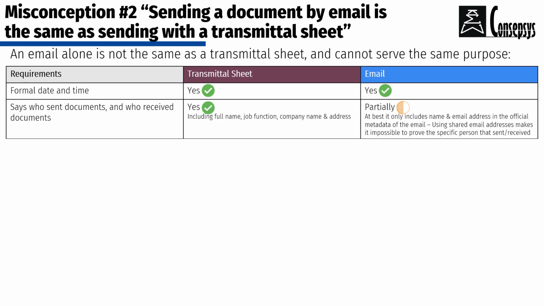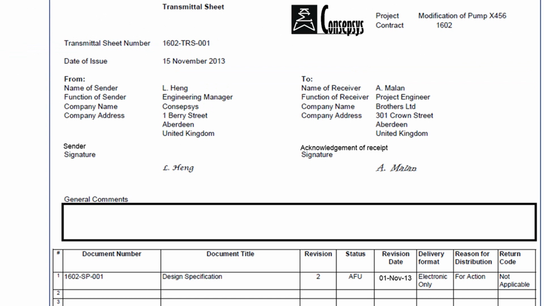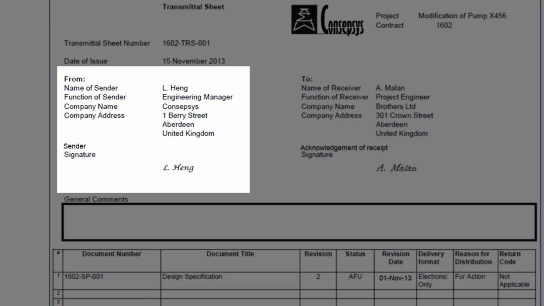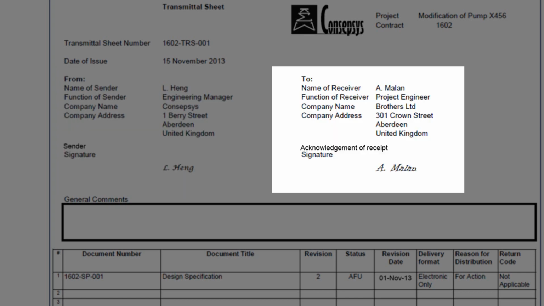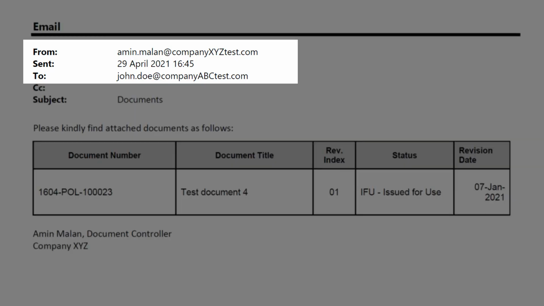Next requirement, we need a record that says who precisely sent documents, as well as who received the documents. The transmittal sheet provides that because it includes the full name, the job function, the company name and address of both the sender and the recipient. The email only partially covers that. At best, it only includes name and email address in the official metadata of the email.